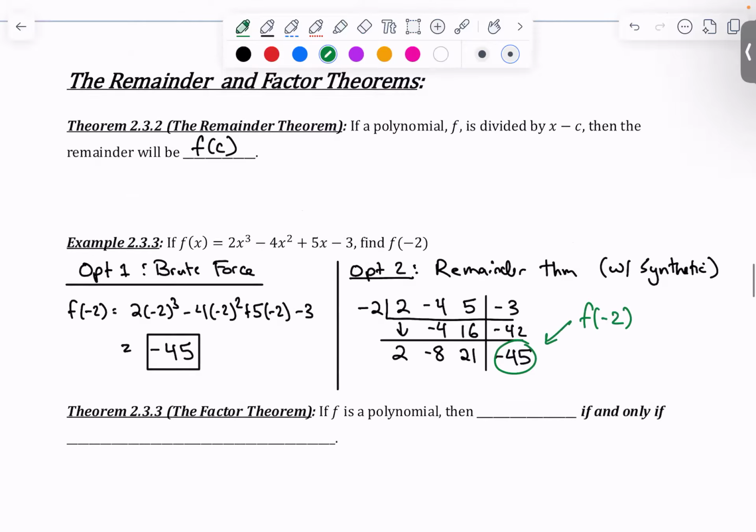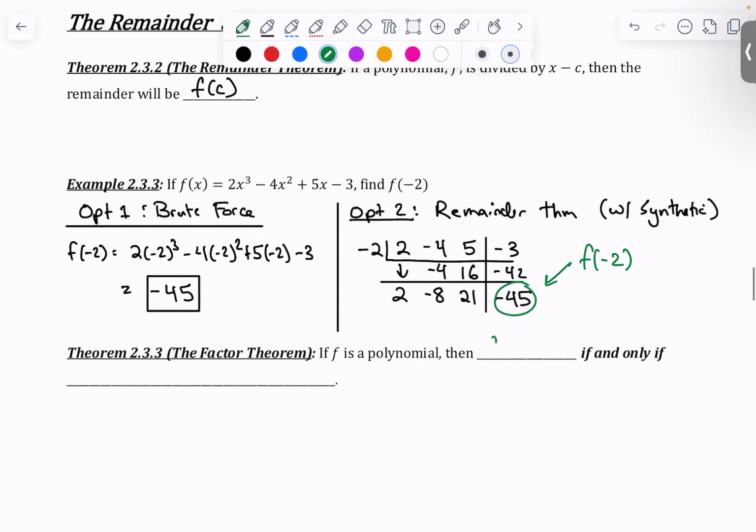The reason why it's here, honestly, is it is a lemma. It is a small result that is used to prove the factor theorem. If f is a polynomial, then f of c equals 0 if and only if x minus c is a factor of f.